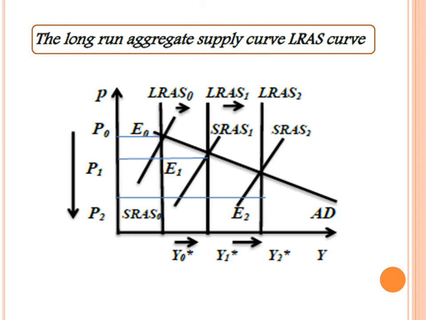This causes the long run aggregate supply curve to shift rightward from LRAS not to LRAS 1 to LRAS 2. This rightward shift results in a permanent increase in the potential level of national income and a reduction in the price level. All these shifts happen in the long run and take a long time.